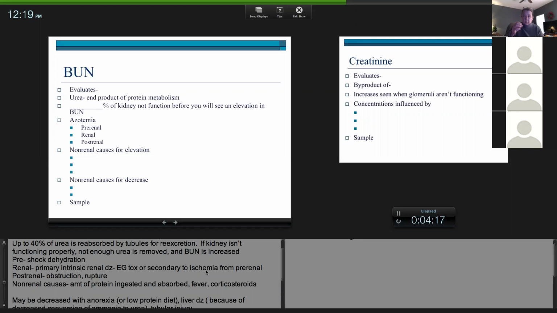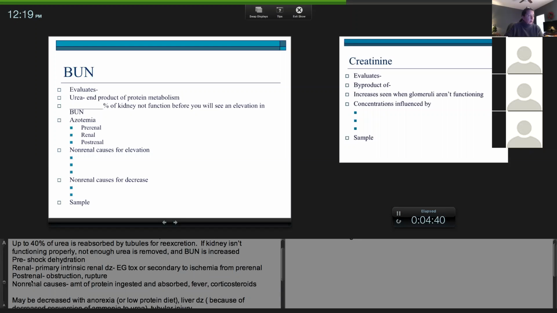Now, to review, ischemia is what happens when there's a lack of blood flow to tissue. If you had a lack of blood flow to the kidney, that's called an ischemic injury, meaning for some reason that tissue was deprived of oxygen, which will cause damage. And that can cause what's called primary injury to the kidney.